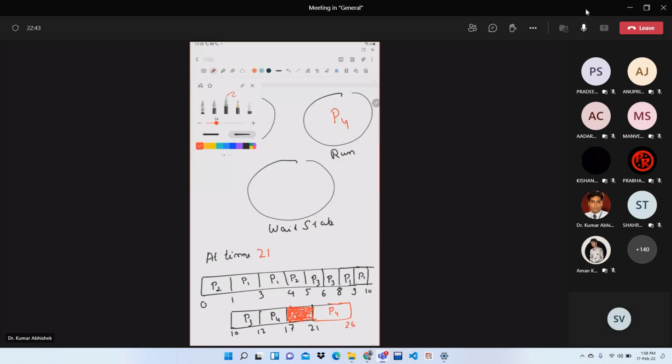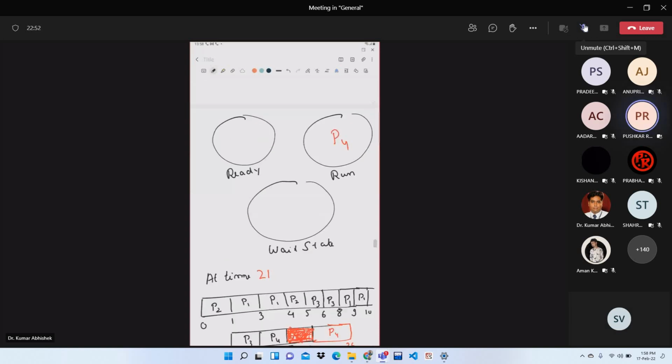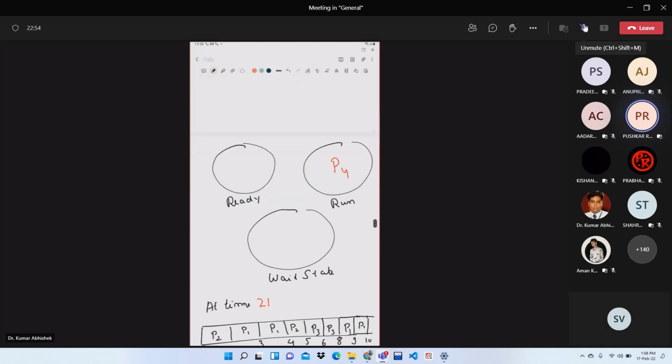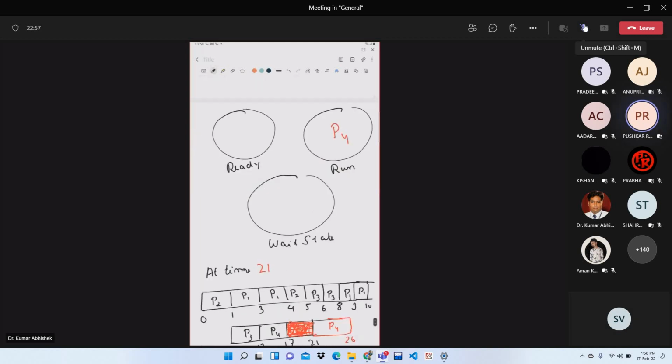Excuse me, sir, at time equal to 6, P3 was in run state, and P4 and P1 were in ready state. So there was a tie of the burst time between P1 and P3. Will P1 be executed or P3? No. When all the processes are available, SRTF becomes non-preemptive SJF.